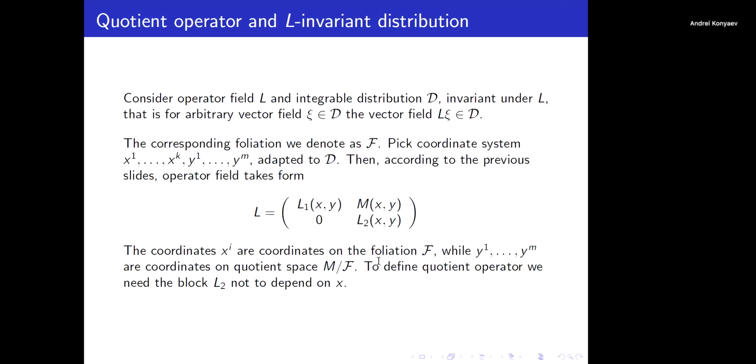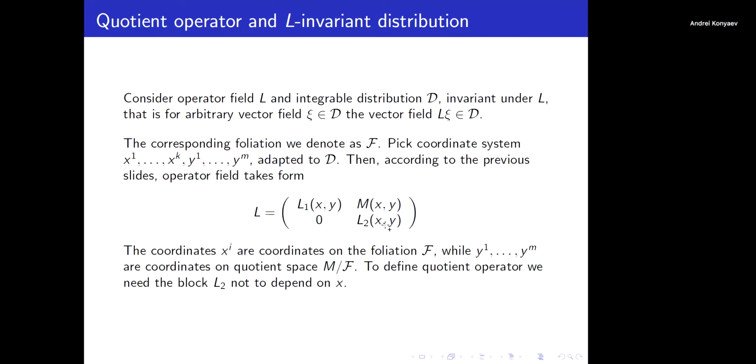As I said, the y's are the coordinates on the quotient space. So for this operator to exist on the quotient space, it should not depend on x. Why? Because if you try to define the operator at point y and it depends on x, you just can't pick the right operator. You need something more complicated. If you want simple quotient factorization, it must be simply defined.